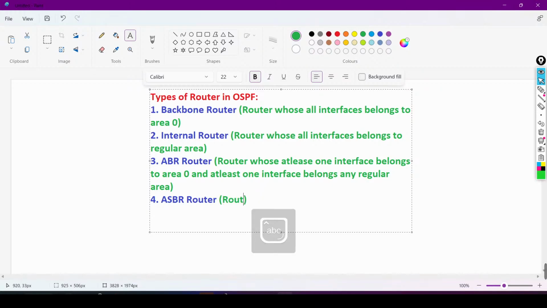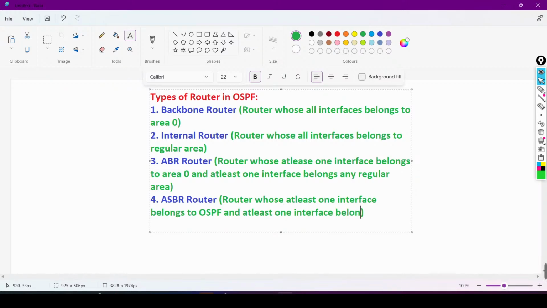So a router whose at least one interface belongs to OSPF and at least one interface belongs to any other routing domain. Is it clear to everyone?